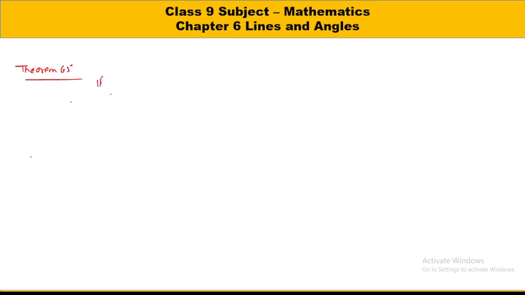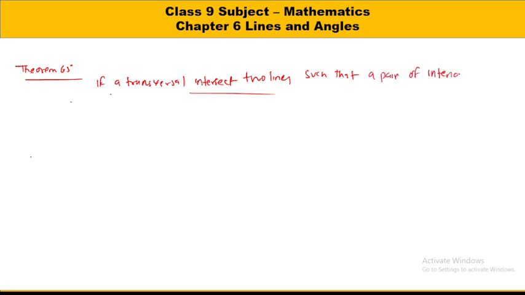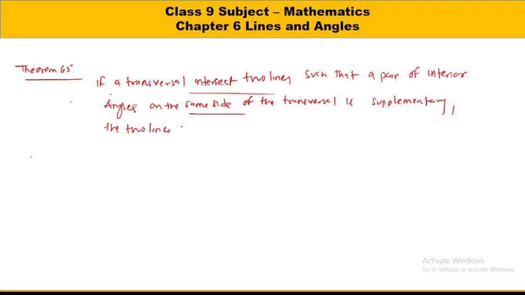Theorem 6.5 is: if a transversal intersects two lines such that a pair of interior angles on the same side of the transversal is supplementary, then the two lines are parallel to each other.